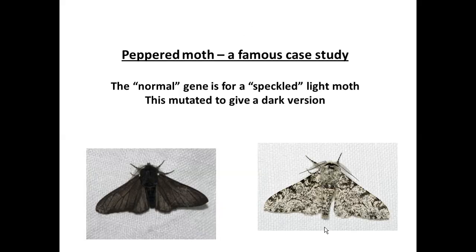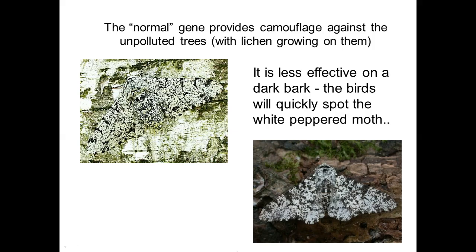One of the most common examples of mutation and variation is the pepper moth case study, where the normal gene is associated with a light moth. The mutated one instead gives a dark version of the moth. The normal gene gives a perfect camouflage against unpolluted trees with lichen growing on them.